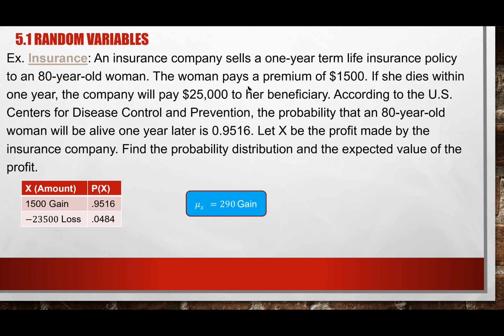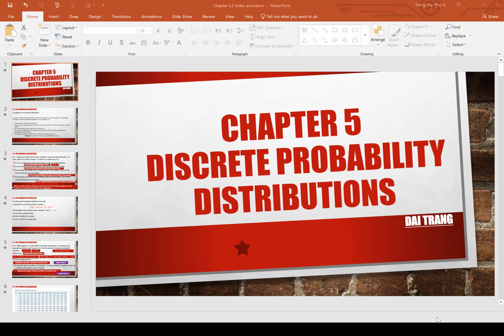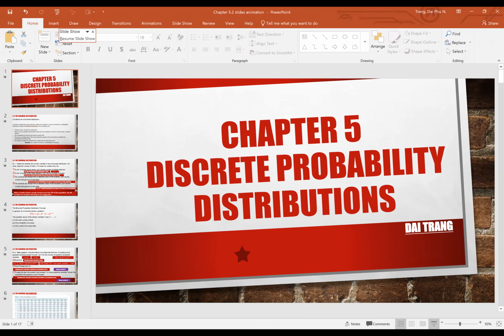Any other questions here? All right. If you don't have questions, let's take a look at 5.2. Reminder, chapter 5 is only 5.1 and 5.2. In 5.2 we will deal with the binomial distribution.